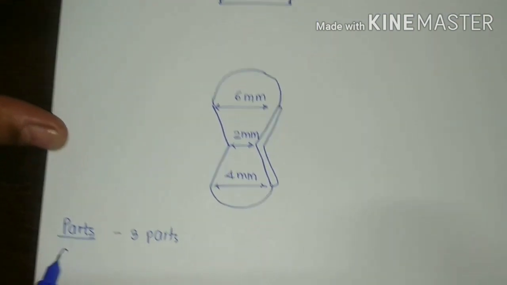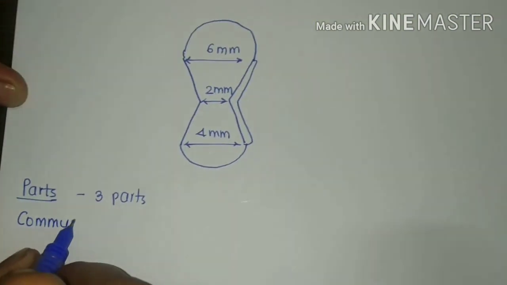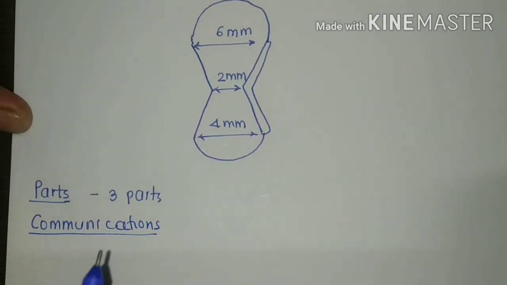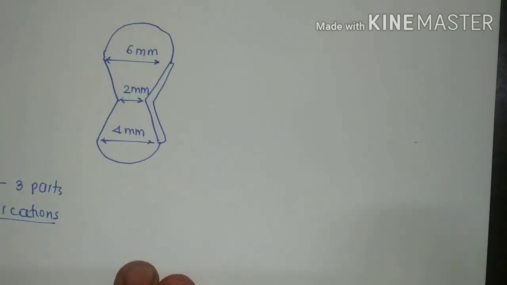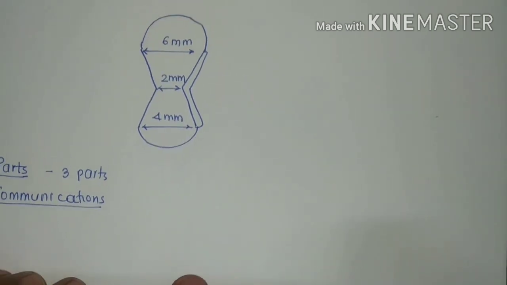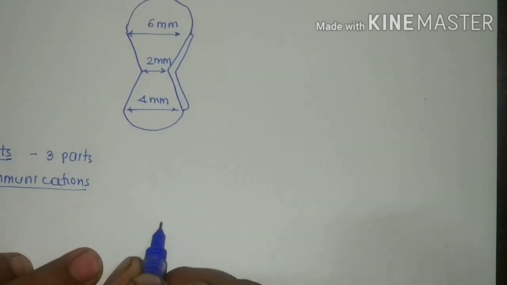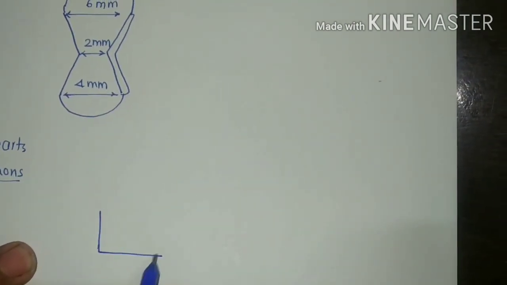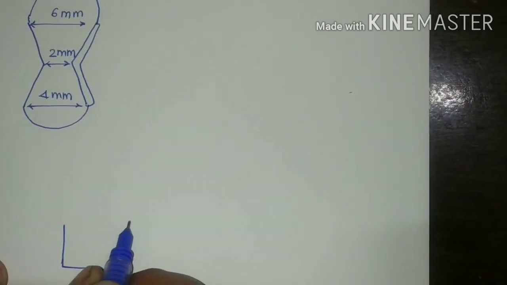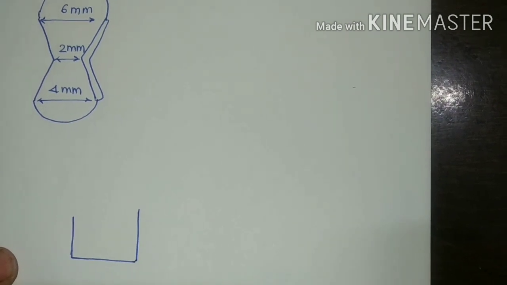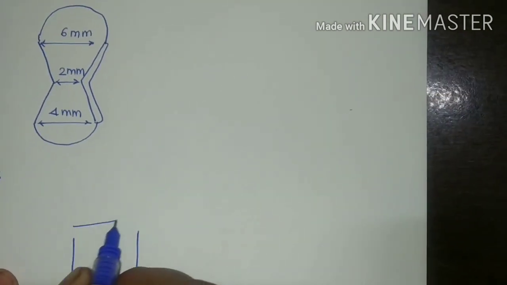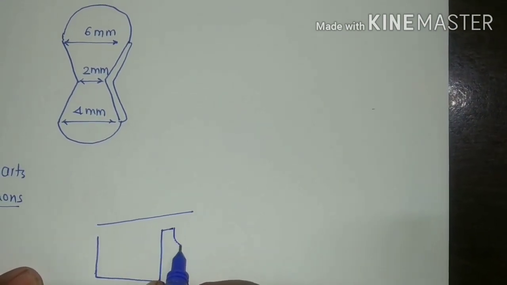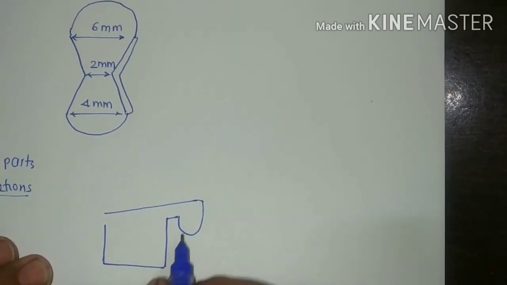Now coming to the communications of the middle ear cavity. For the communications, we will go to the sagittal section. If we go to the sagittal section, we can see the anterior wall, then the floor of the middle ear cavity, then this is the posterior wall, this is the roof, and we know that posteriorly lies the mastoid antrum.